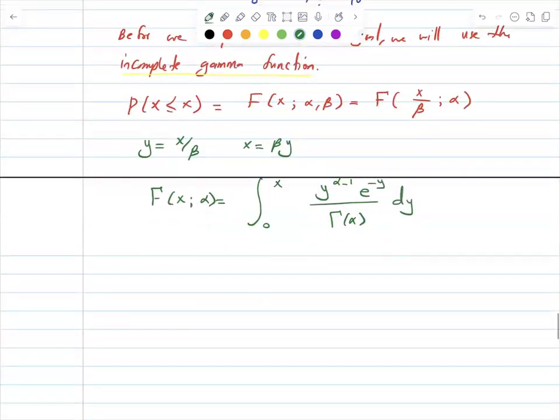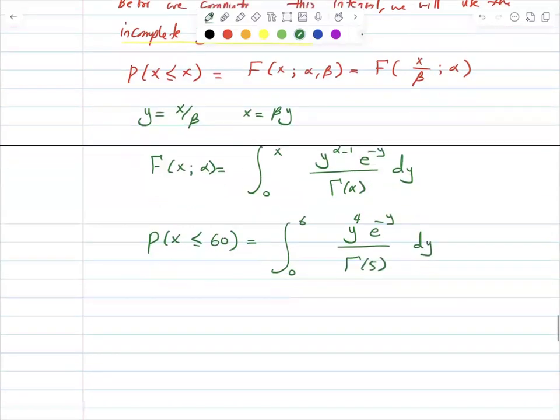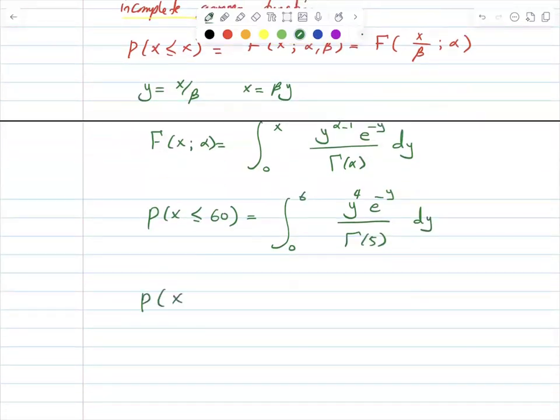Now you can calculate the probability that x is less than or equal to 60, which is the integral 0 to 6 of y to power 4 e to power negative y divided by gamma of 5, which is 4 factorial or 24, dy.